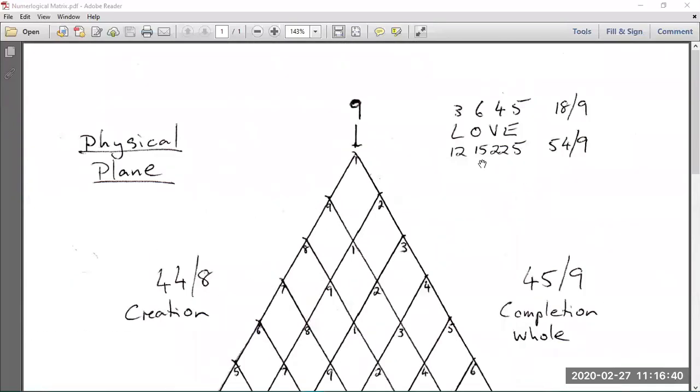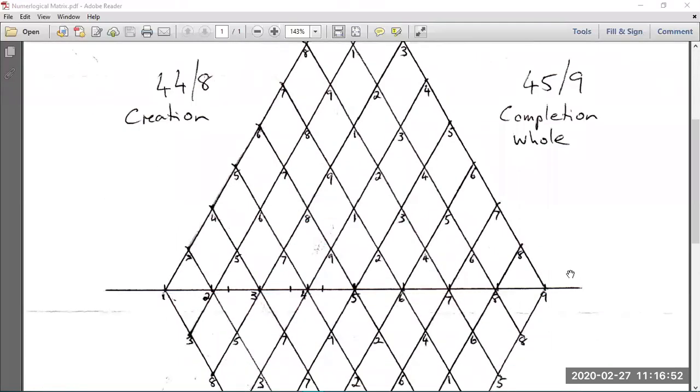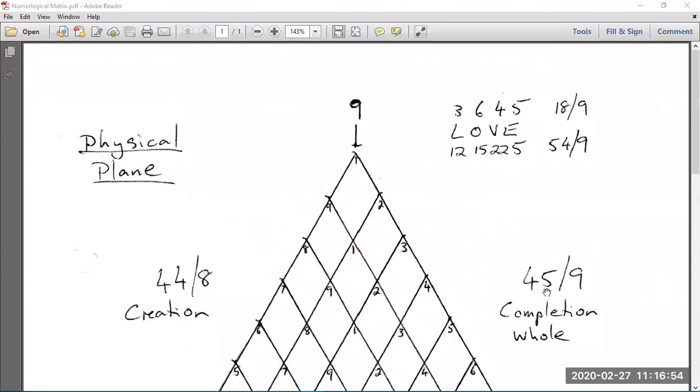Now here, L is the 12th letter, O the 15th, V is the 22nd, E the 5th. This comes to 54, 9. What is 1 to 9 added together? It's 45, 9. This is 4 and 5 reversed, 9. The simplified numbers, 3, 6, 4, and 5 equals, guess what? 18, 9.